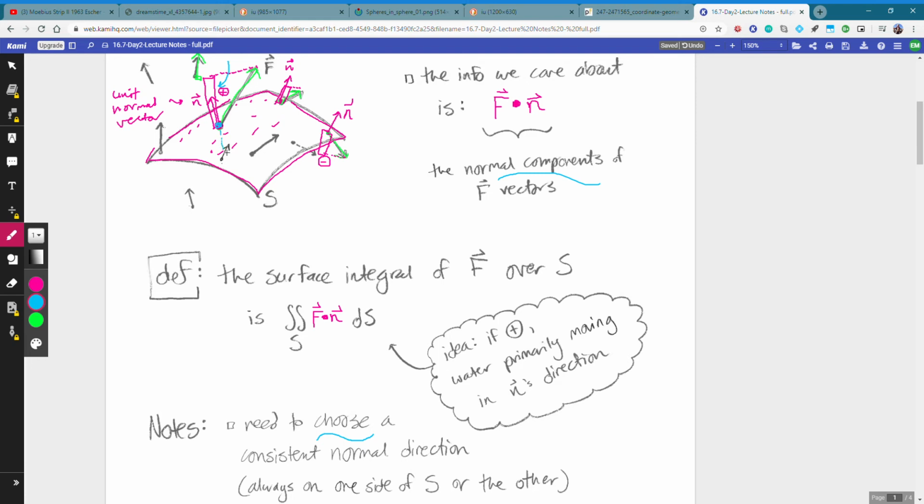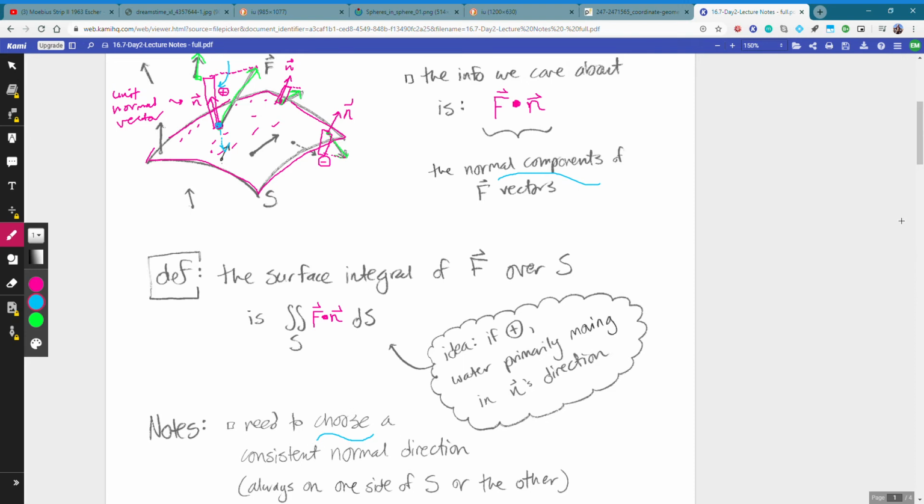I want the vector that's pointing kind of straight down, underneath the surface. And that would actually be a perfectly legitimate normal vector. And so it's perfectly fine to choose that vector. However, once we choose the direction for one normal vector, all the others are chosen.